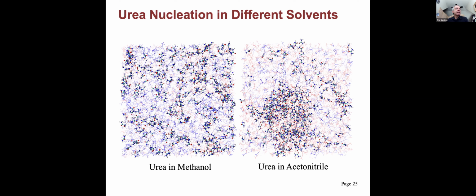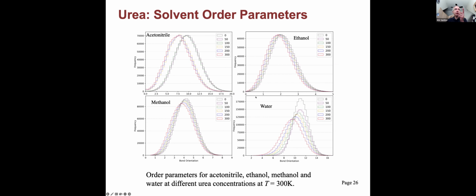So we've done this, and what I'm showing here is data. I told you that I have more questions than answers, and we have done some better calculations here. What we've been doing is histograms of these solvent order parameters at different concentrations of urea for the different solvents. What we're hoping to see is, quantitatively, what the solvent is doing.